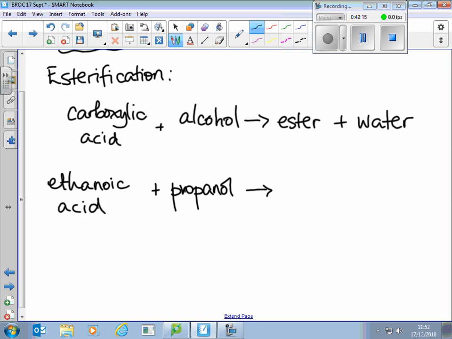This is propyl, right? I'm not sure if it's, I think it's propyl, not propanyl, because it's not methanol. So it's propyl ethanoate. That's water.